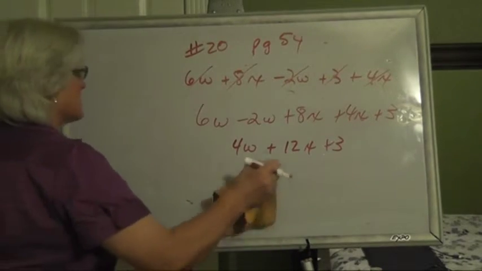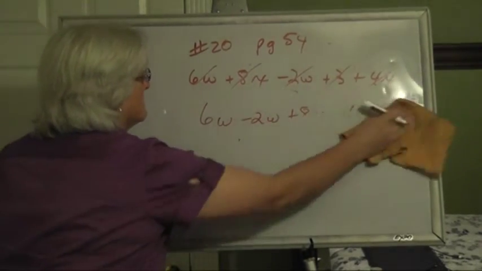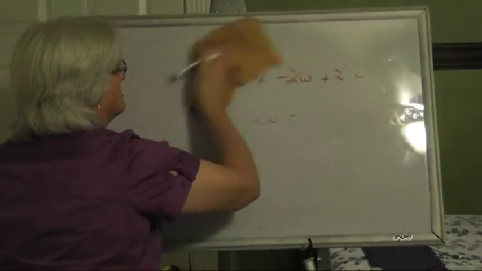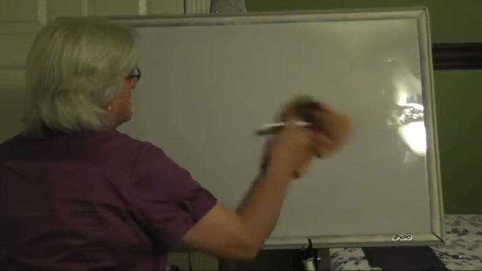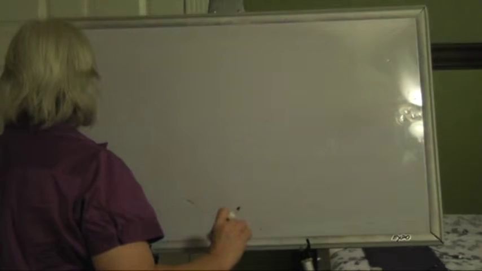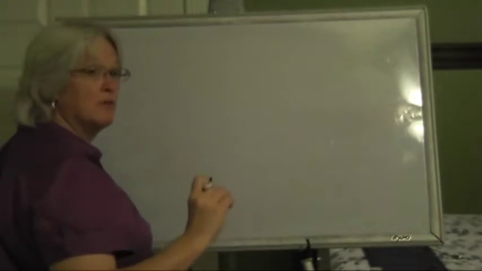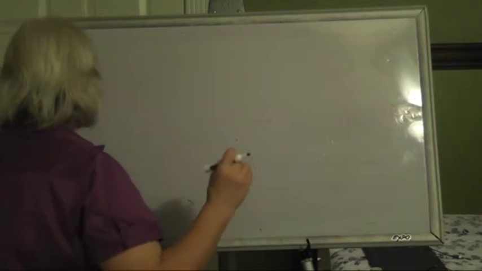Now let's look at section B. Section B says, simplify, then evaluate for these values of the variables.